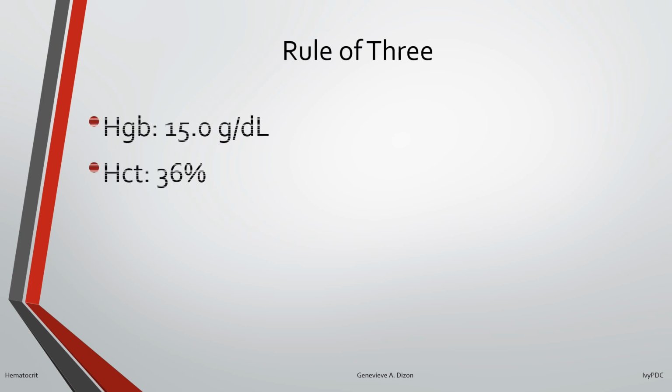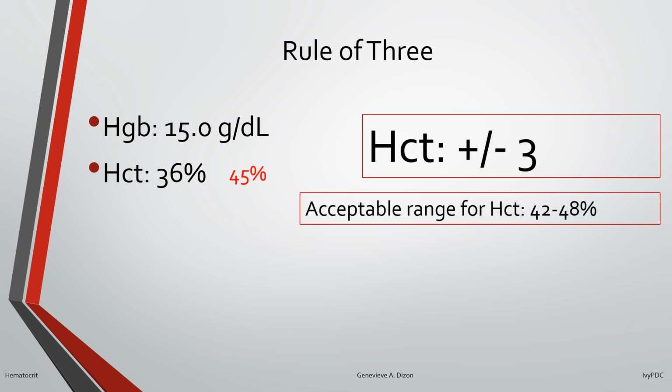This is our last example. So for example, we have a hemoglobin of 15 and a hematocrit of 36. The rule of 3 would say that the hematocrit value should be 45% with an acceptable range of 42 to 48%. So initially, this would mean that this hematocrit value is not acceptable.